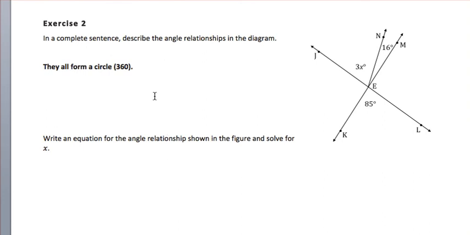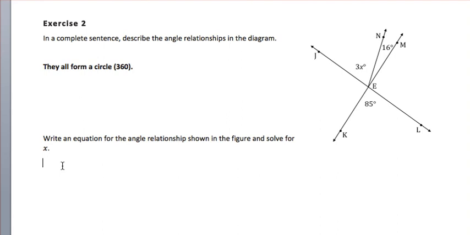Well, since angles JEK and MEL are not labeled, and we need to solve for x, I'm going to elect that we solve as vertical angles rather than as the full circle.